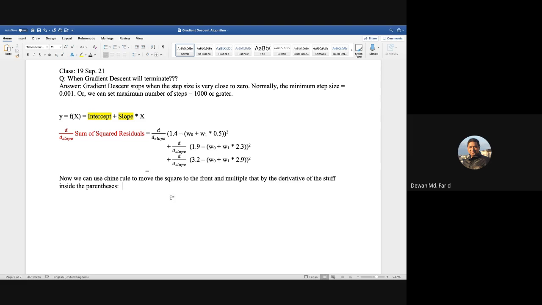Okay. So now we'll apply the chain rule to move this square into the front and multiply by that derivative of the stuff inside the parenthesis, right?